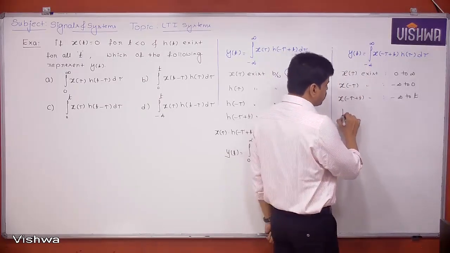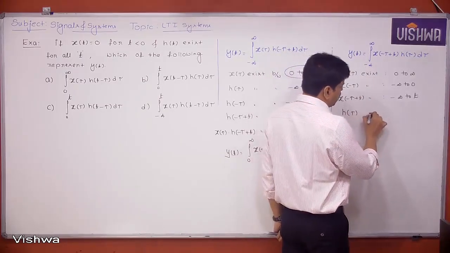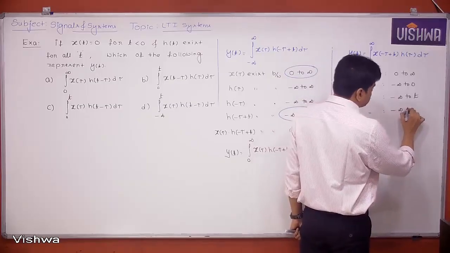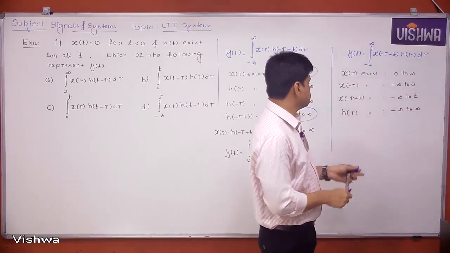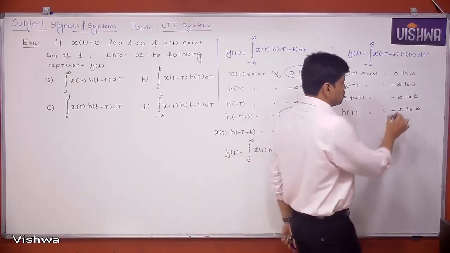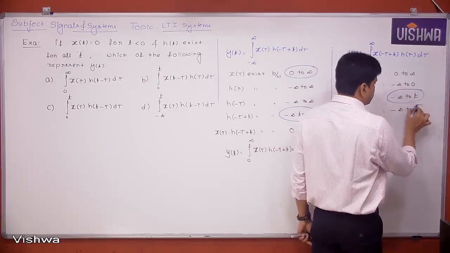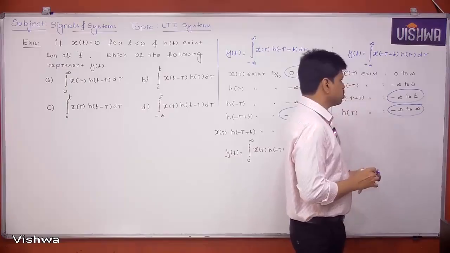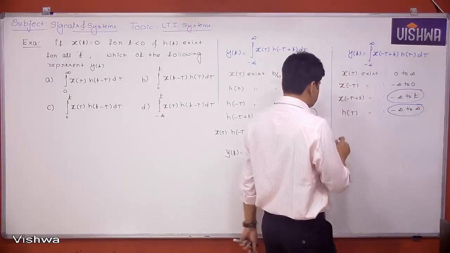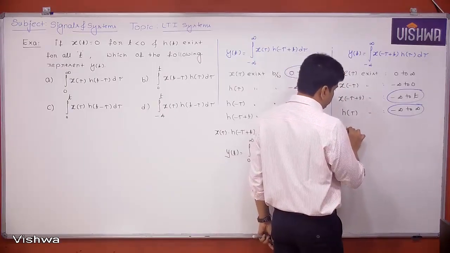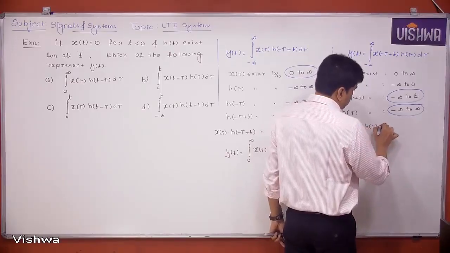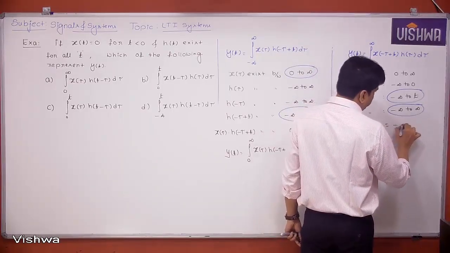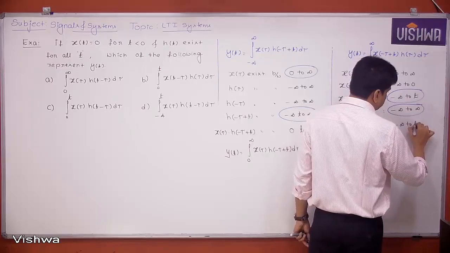And where does h of tau exist? h of tau exists for minus infinity to plus infinity. So we are having the two signals now, x of minus tau plus t and h of tau. For that, this is the limits, and for this is the limits. So which one is the common limits now? x of minus tau plus t multiplied with h of tau exists for minus infinity to t.